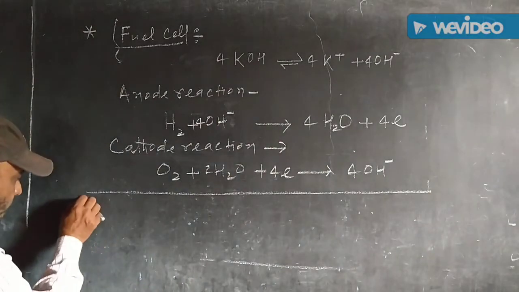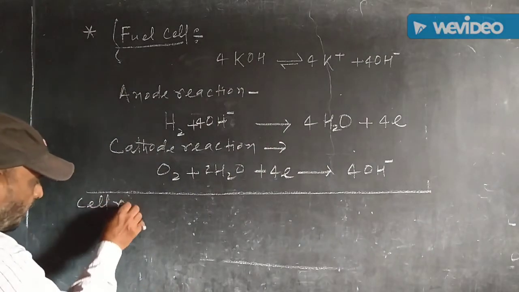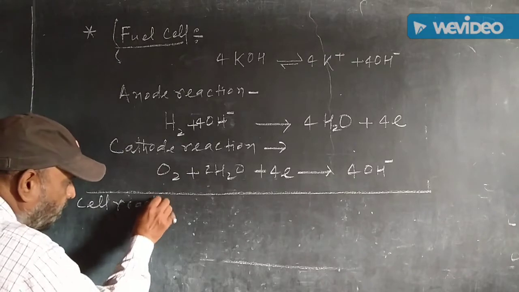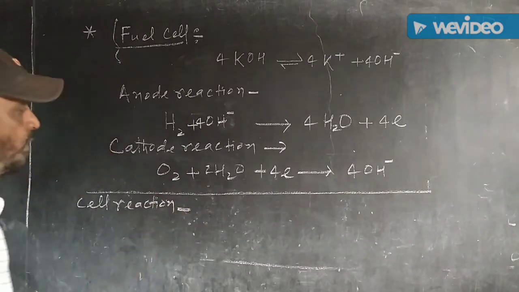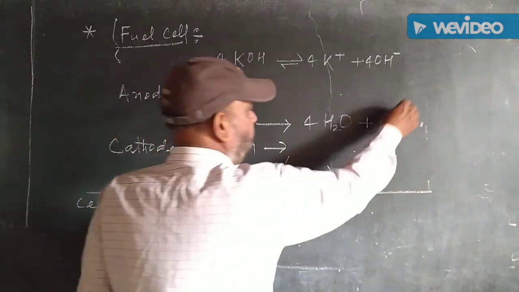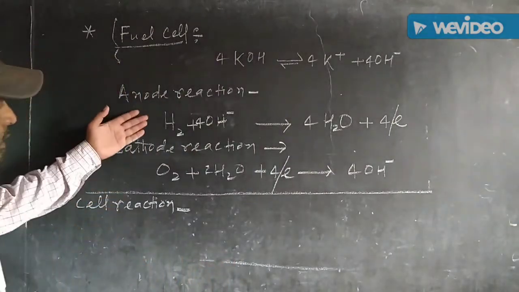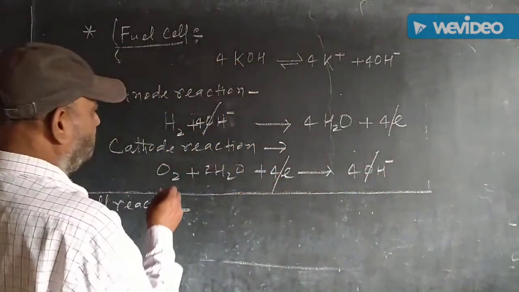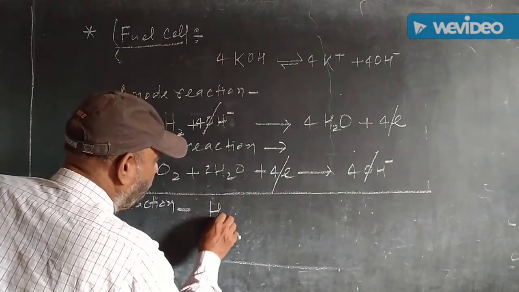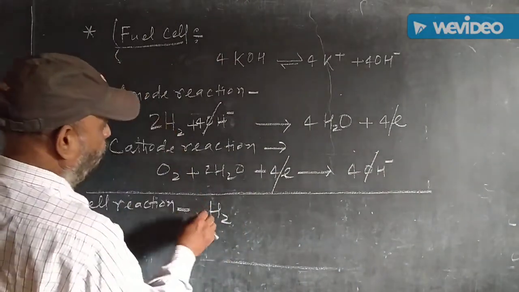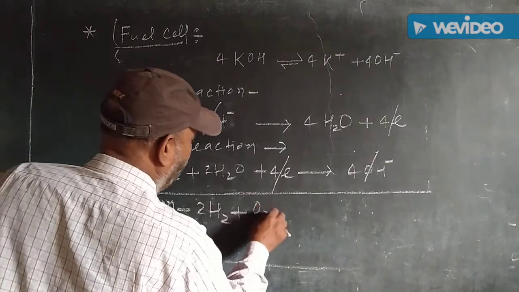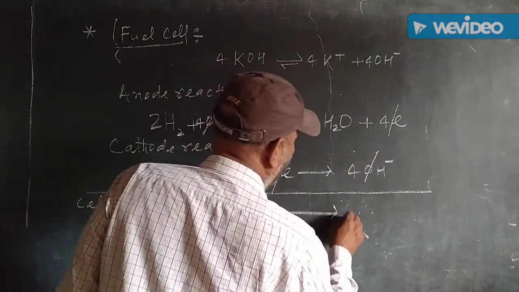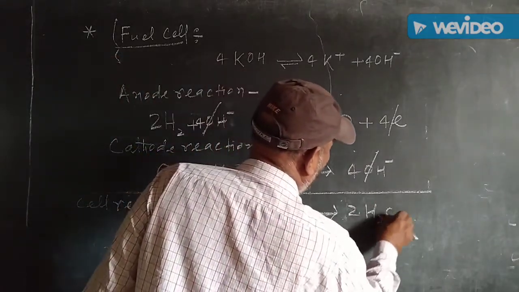Cell reaction: these 4 electrons, these 4 OH minus and 4 OH minus, then 2H2 plus O2 gives 2H2O.